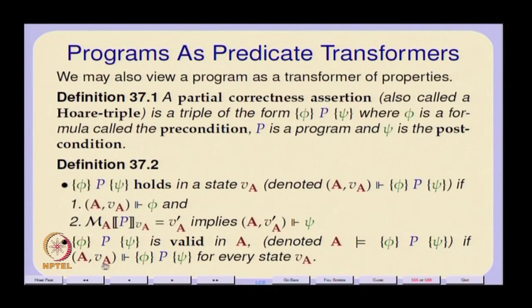This holds if it holds for every initial state V A. So, the first bullet actually tells you about satisfiability of this triple, what is known as a Hoare triple, after Tony Hoare who actually gave us this, right. And the second one talks about validity, and actually we are most often interested in validity.